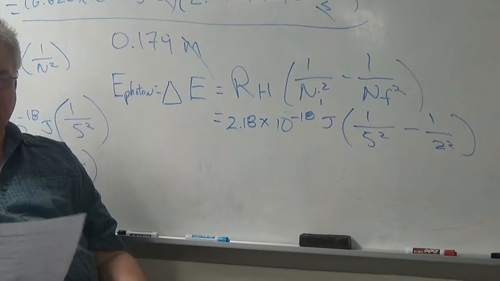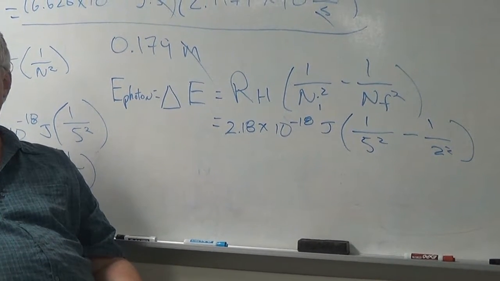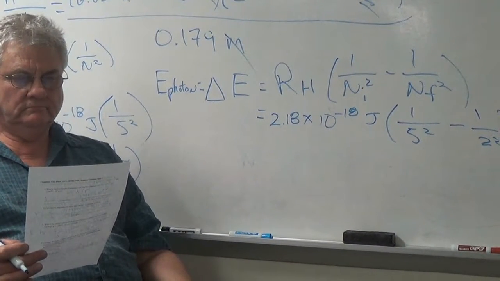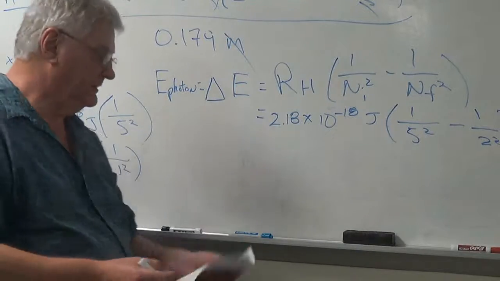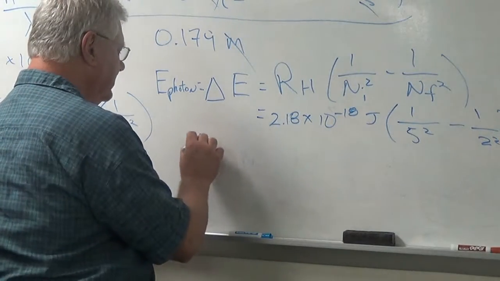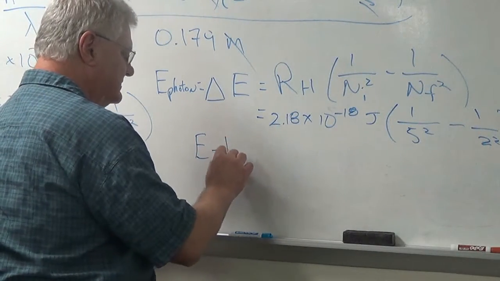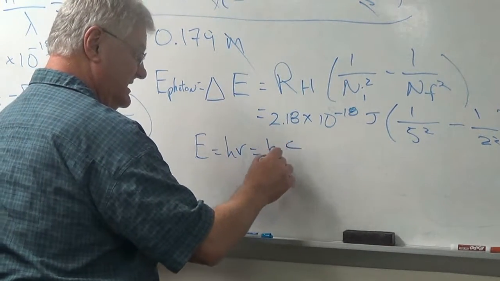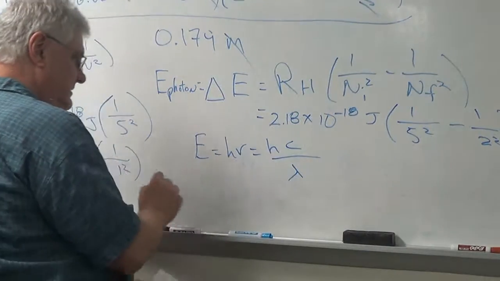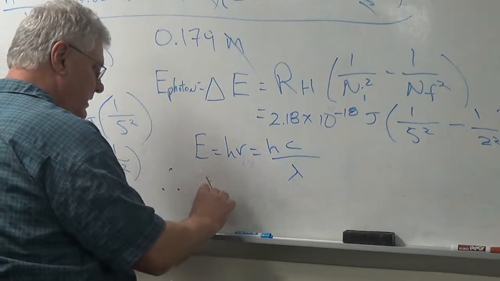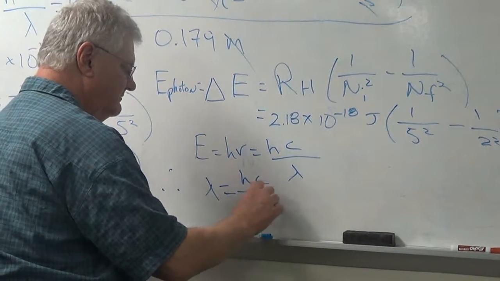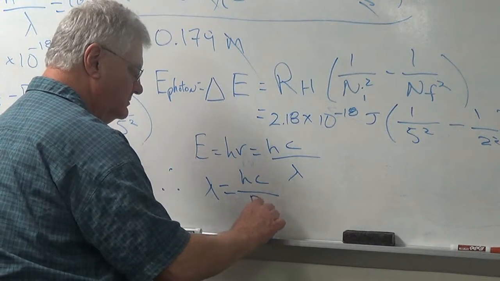Well, that's the energy, but that's not what the problem's asking. Once we have the energy of the photon, what do we have to figure out? The wavelength. Well, the energy of a photon is equal to Planck's constant times the frequency, or Planck's constant times the speed of light divided by the wavelength. Therefore, the wavelength is going to equal Planck's constant times the speed of light divided by the energy of the photon.